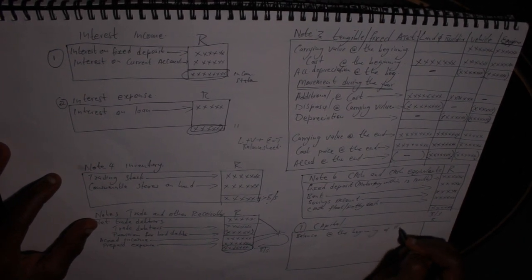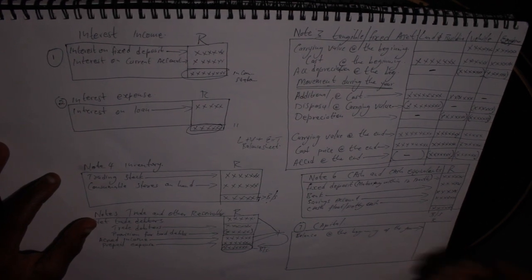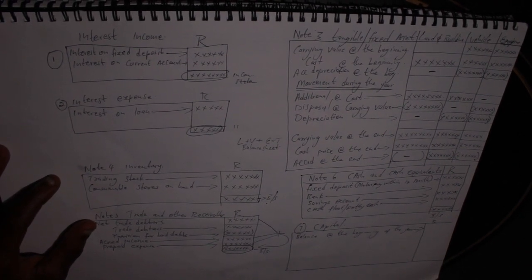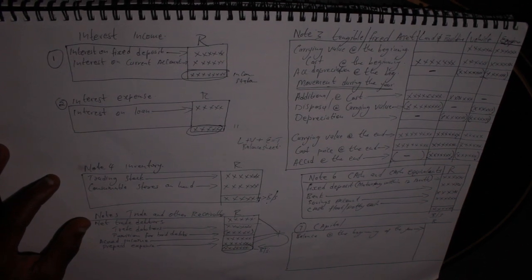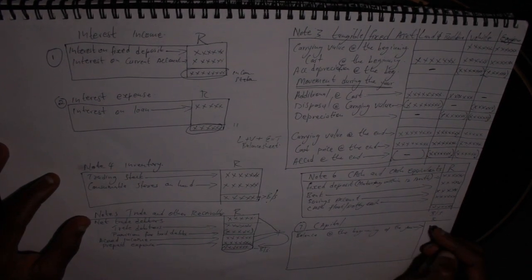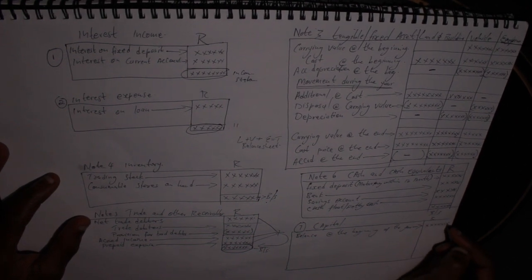Each and every year our capital account will have some money or might not have some money. But in a business that is functioning, it most of the time has a positive amount. Therefore, we're going to show it there, the opening balance.